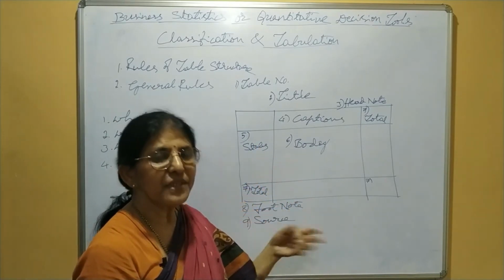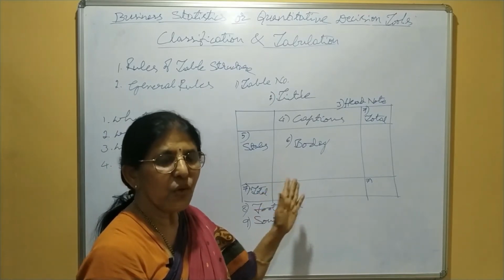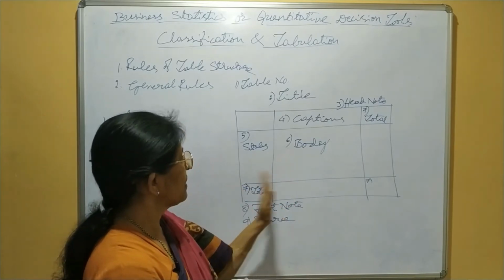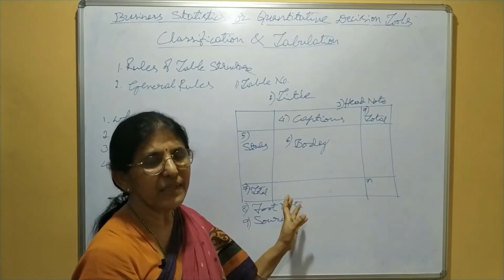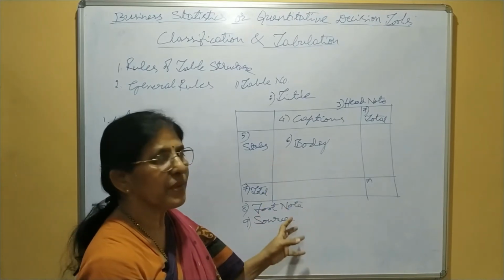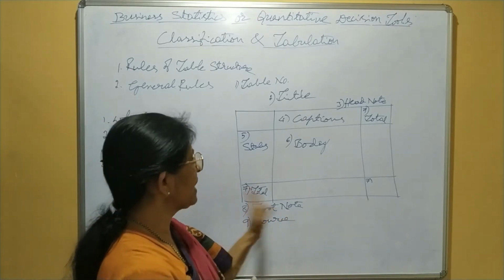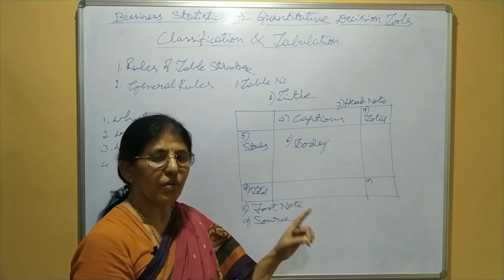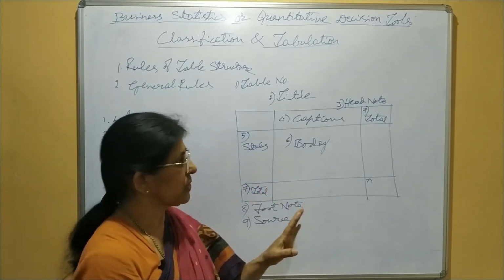In order to differentiate between main columns, subcolumns, main rows and subrows, we have to draw different lines. Double lines may be drawn, or different colors may be used, but anyhow you have to differentiate between main column or row and subcolumns or subrows.